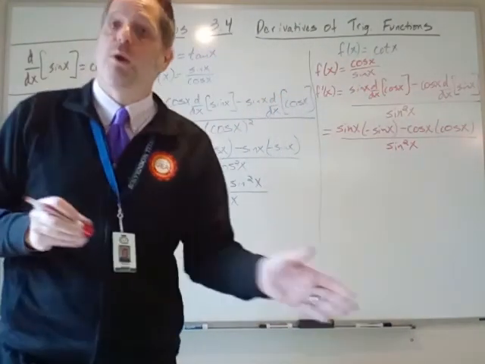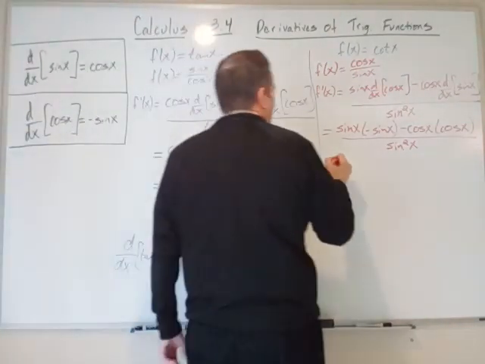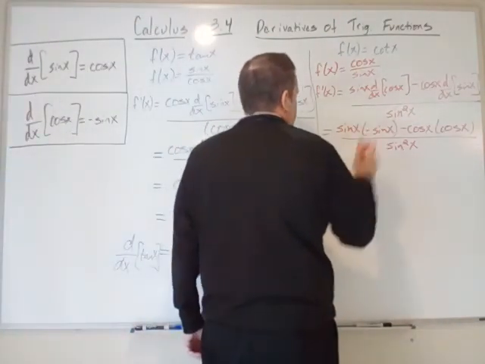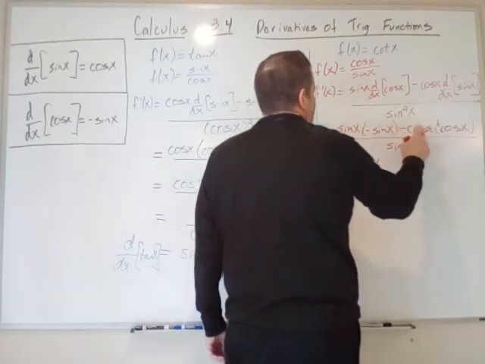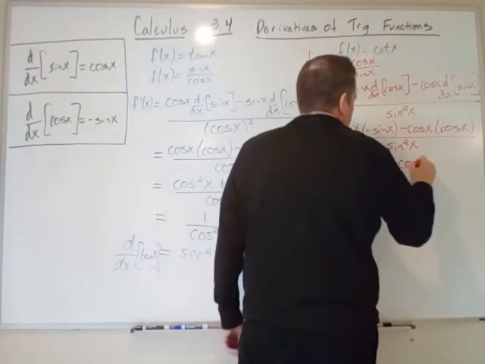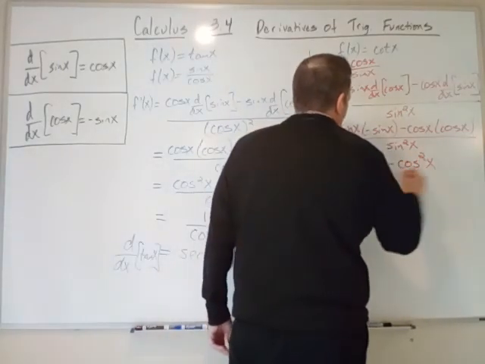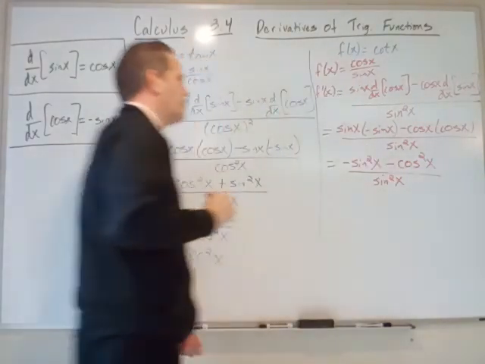Okay, so again, operators are gone in that step. The derivatives are done. Let's clean it up. I've got sine x times opposite sine x. That's opposite sine squared x. I've got opposite cosine x times cosine x. That's opposite cosine squared x. And again, we're over sine squared x.